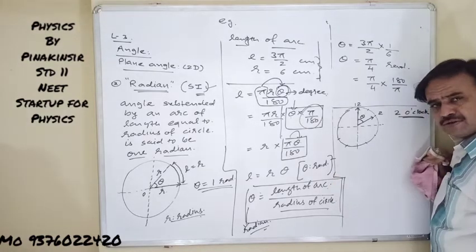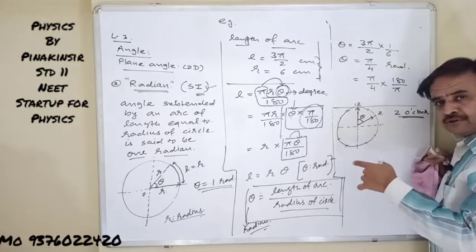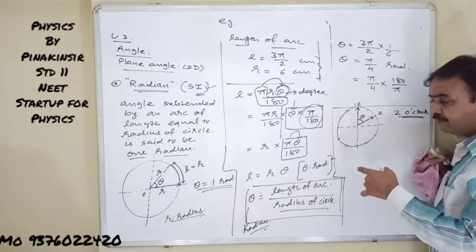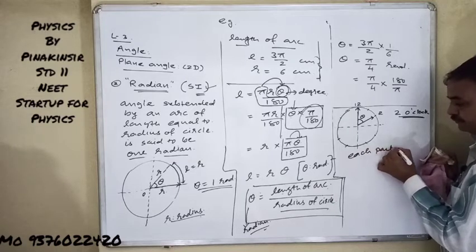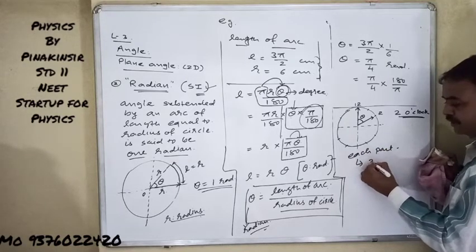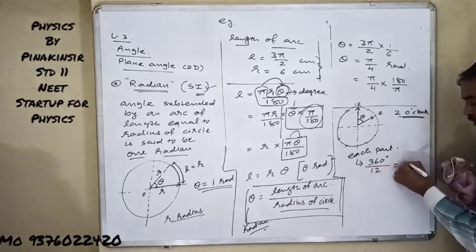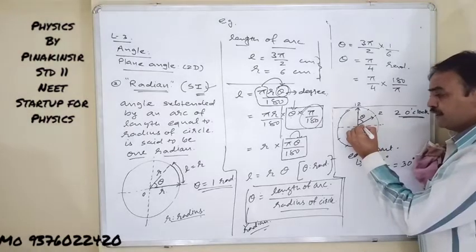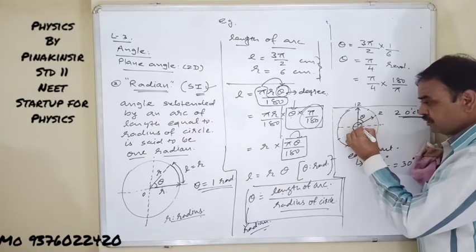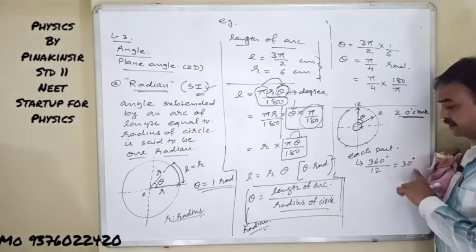It is a common sense question. The total dial is divided into 12 parts. Then we can say that each part has a measurement of 360 divided by 12, that is 30 degree. As you know very well, the full rotation gives you 360 degree and 12 equal parts gives you 30 degree each.